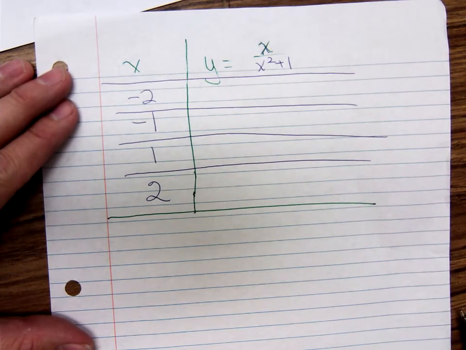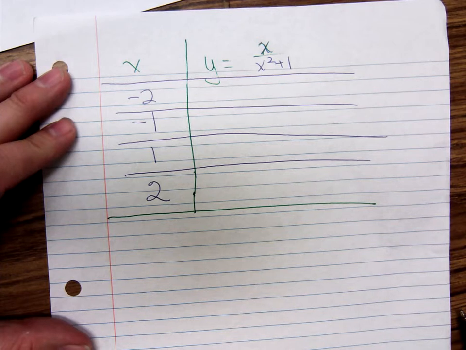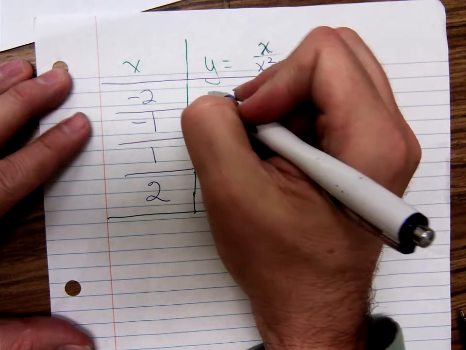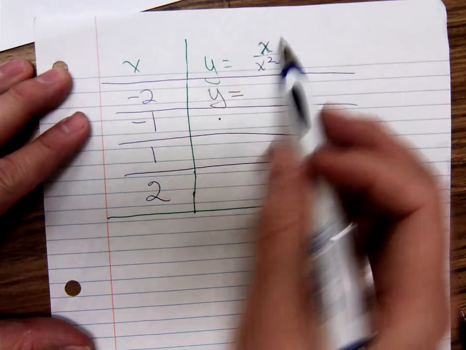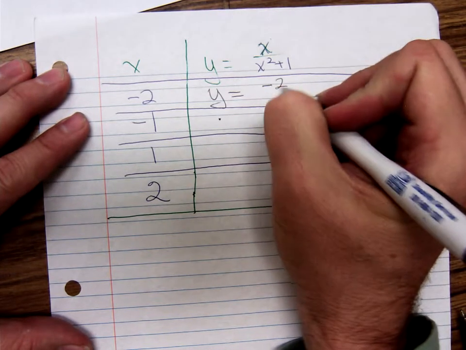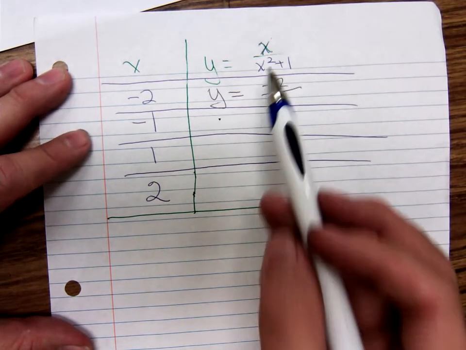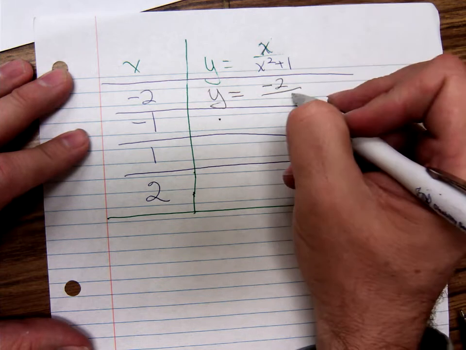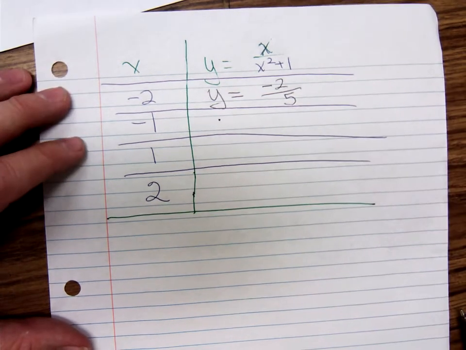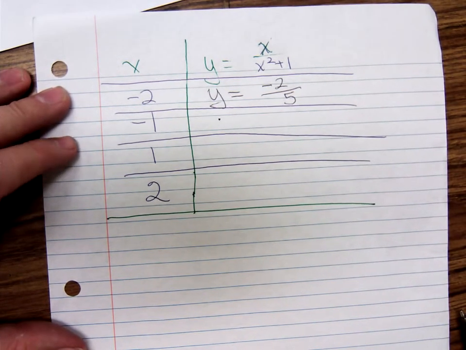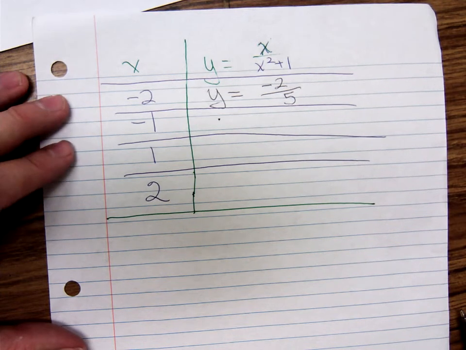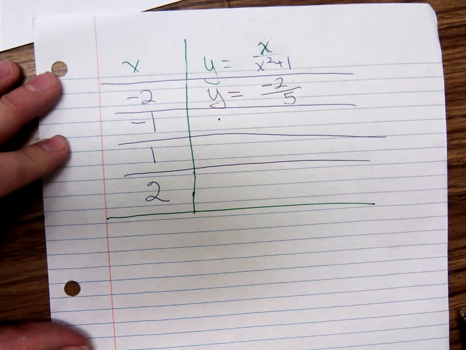Okay, plugging in -2, we get y equals -2 divided by 4 plus 1, which is 5. So at -2, the y value is -2/5. Maybe that'll be the absolute minimum, I'm not sure. Let's plug in -1.